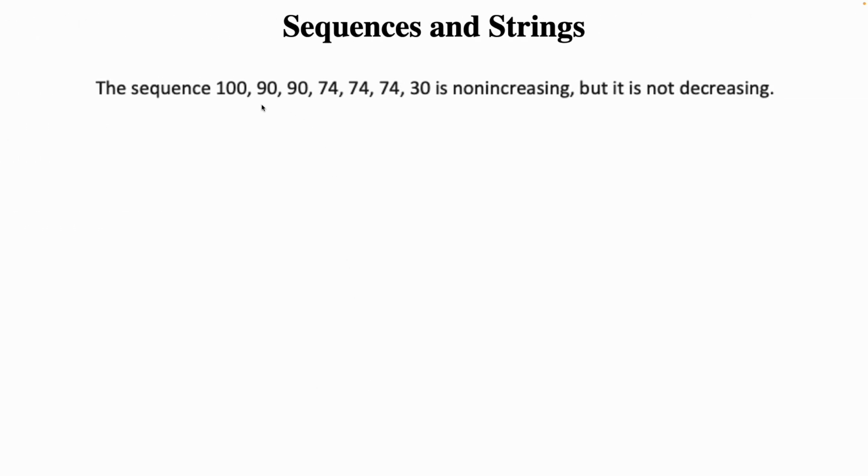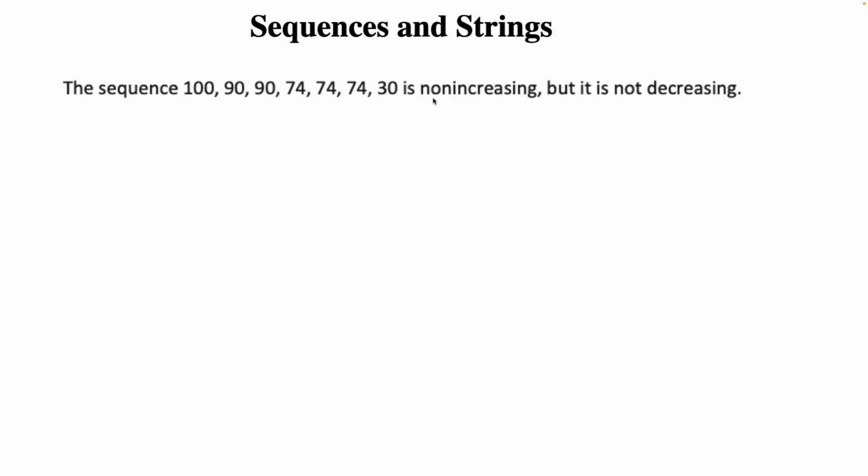This sequence, 100, 90, 90, 74, 74, 30, is non-increasing, but it can't be decreasing because decreasing requires every additional number to be smaller than the previous one, whereas this has the 90s equal and the 74s equal. So this is non-increasing, but it's not strictly decreasing. Because again, remember, non-increasing allows them to be the same. As you go on, they can either be the same or go down, but never go up.